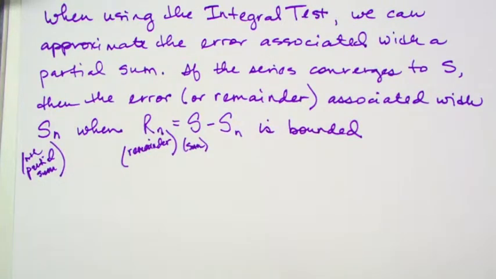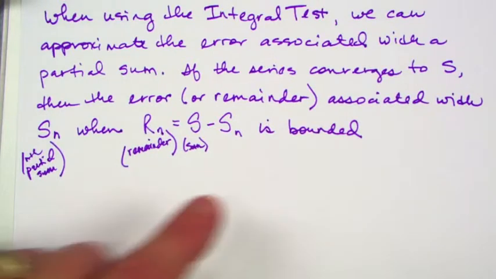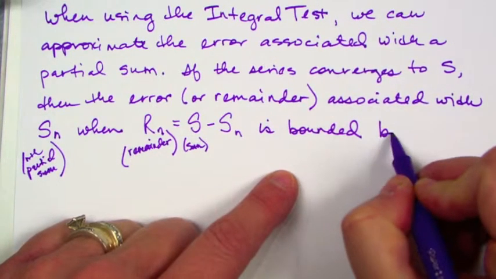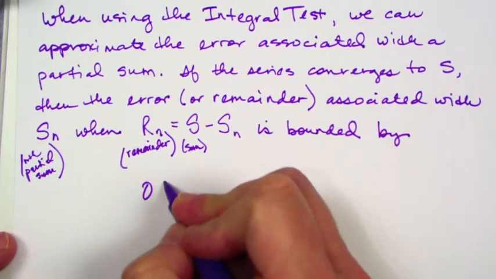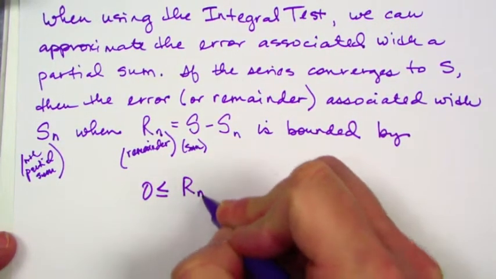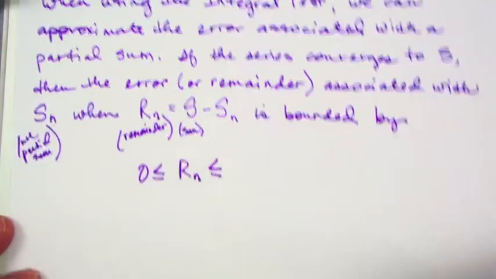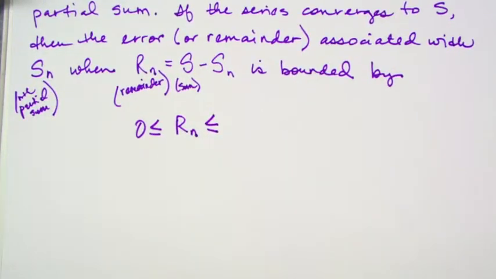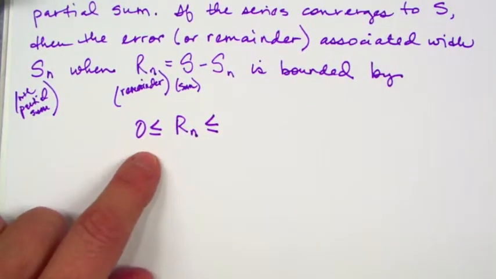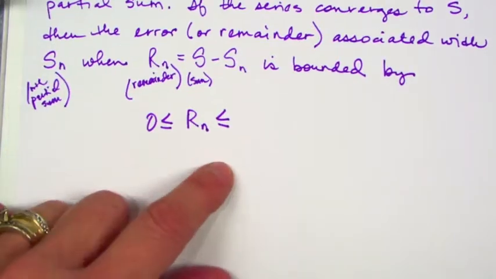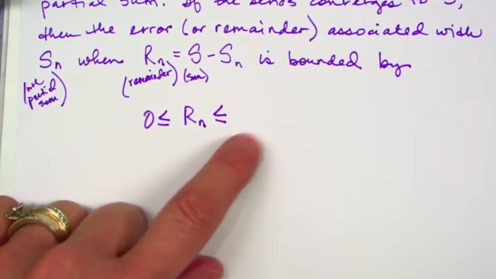Okay, so let me read the sentence again. If the series converges to S, then the error associated with S sub n is bounded by, that remainder, that error, lies between 0 and, you have any thoughts what this is going to be?